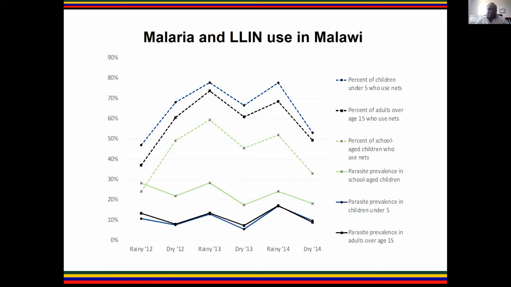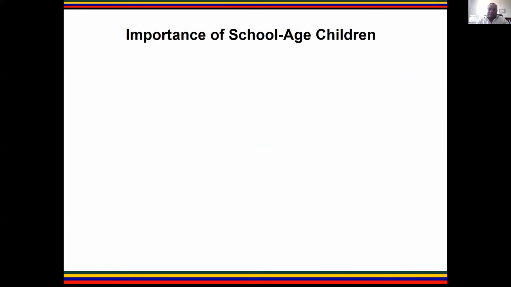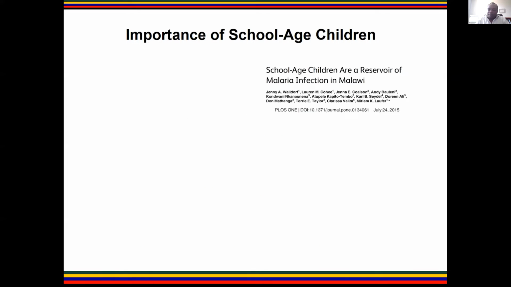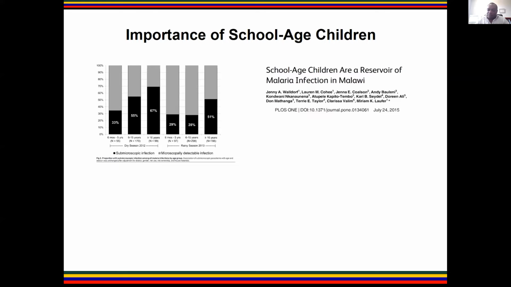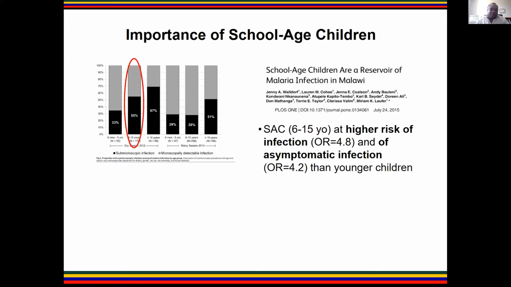A subsequent study looked at the type of infection that is common in these school-age children. So it looked at submicroscopic infection, which is highlighted in the graph on my left, and also infections that were detected using microscopy.